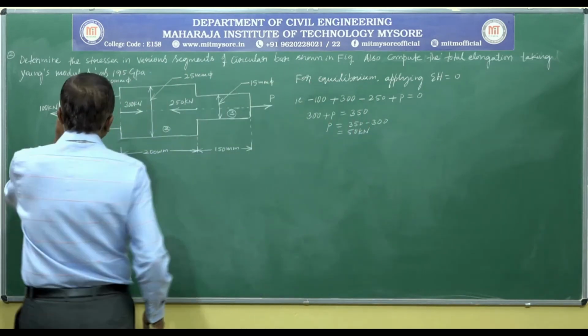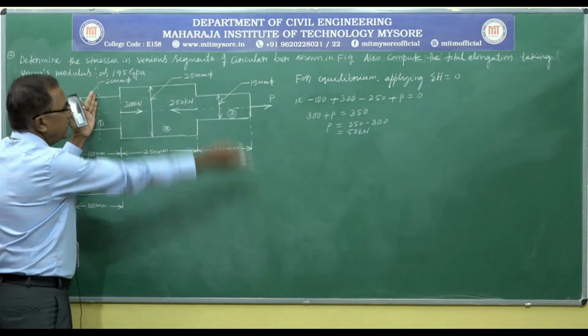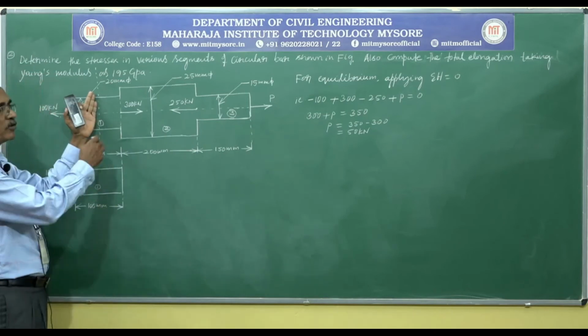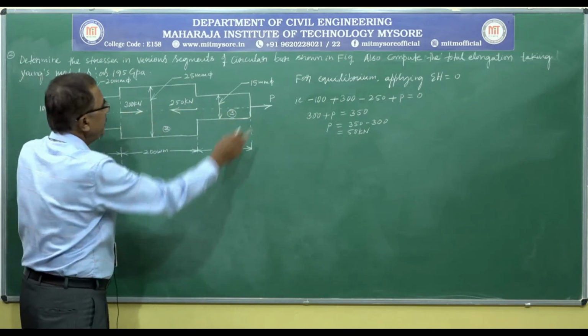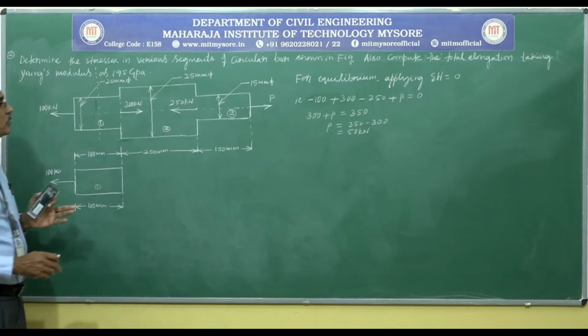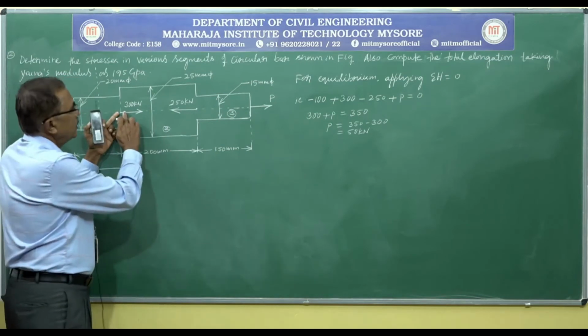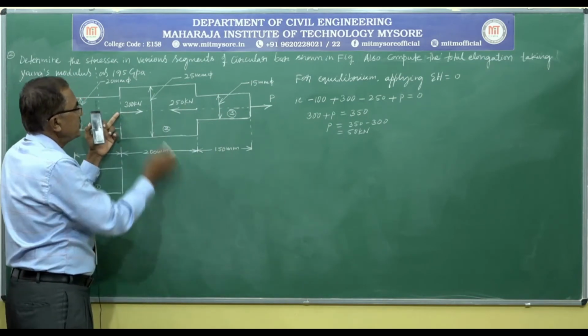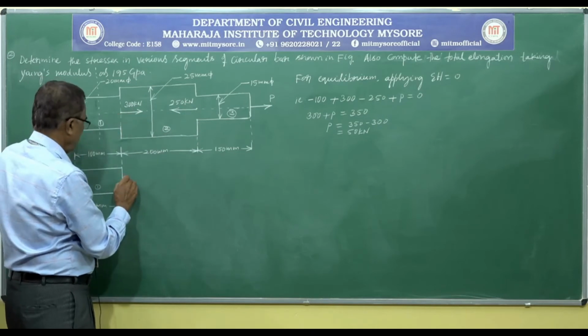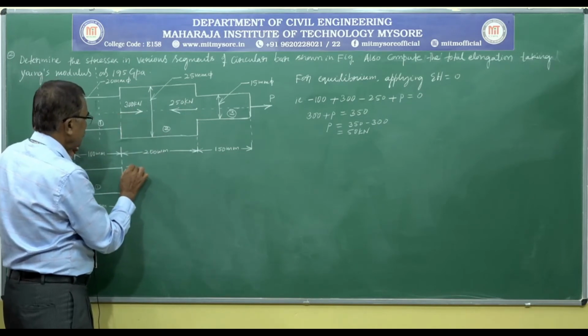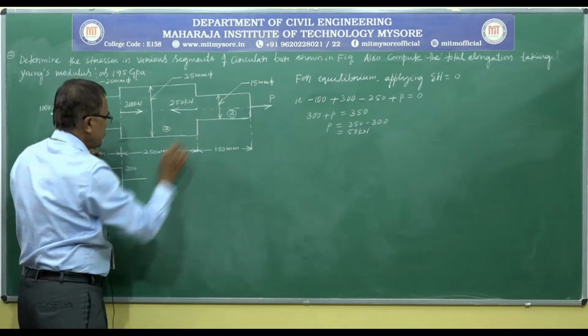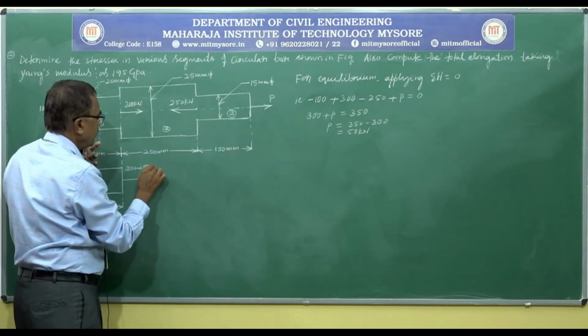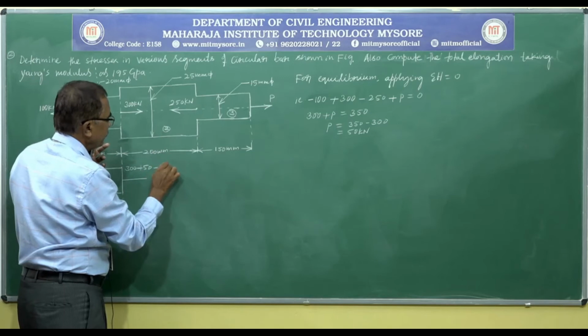Now, if we consider forces to the right-hand side of the section, there are three forces: 300, 250, and P. Consider rightward as positive: 300 plus 50 minus 250.